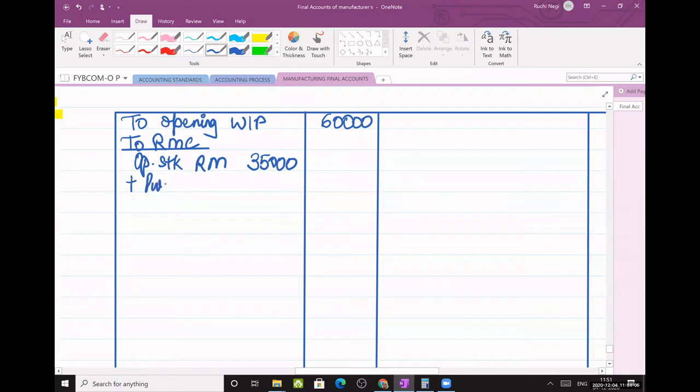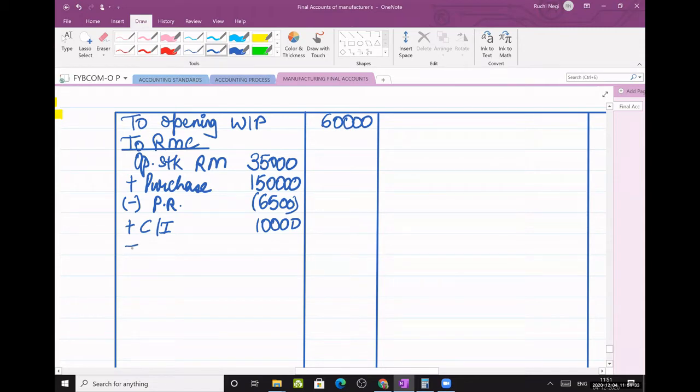Add purchase of raw material 1,50,000. Then you can take less purchase return 6,500. Okay, then you can add your carriage inward in this 10,000.